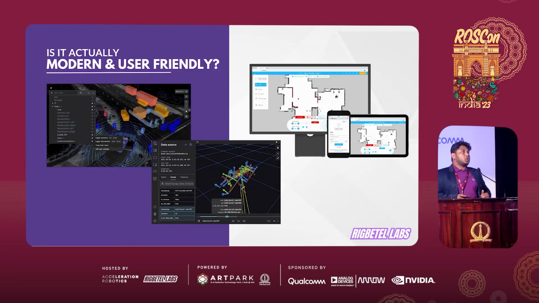Yeah. So now we have seen RViz and Gazebo. There are other solutions available in the market, like Foxglove and the others you see over here. But are these things viable to use as a client?